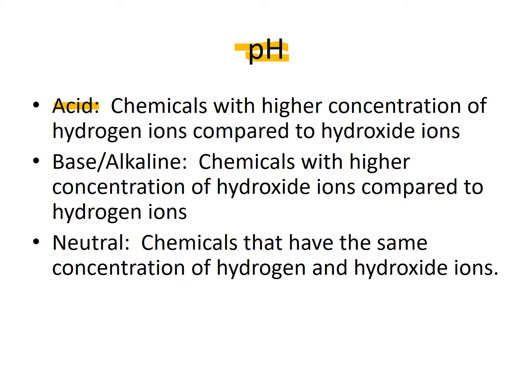And neutral is where acid and base, or alkaline and base, they're synonymous, are in sync. They are pretty much at 50-50, and that's neutral, and that's usually a pH of 7.